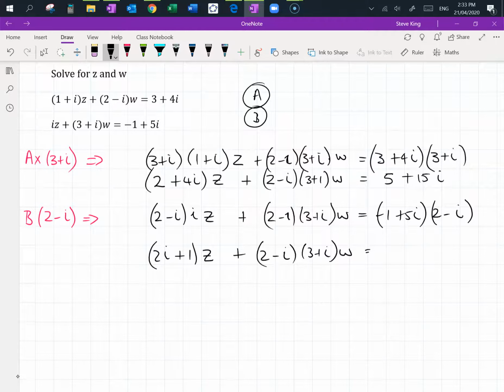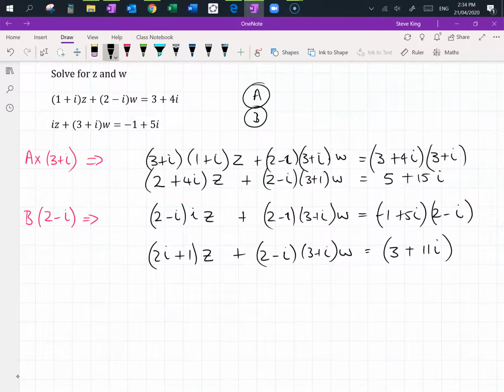Minus 5i squared is the same as plus 5. So I've got minus 2 plus 5, which is going to give me 3. 5i plus 2 times 2 is 10i. Minus 1 times minus i is going to give me plus i. So I'm going to end up with plus 11i.